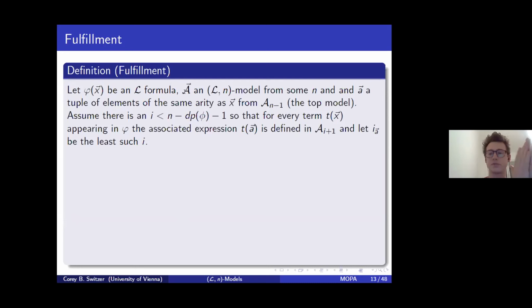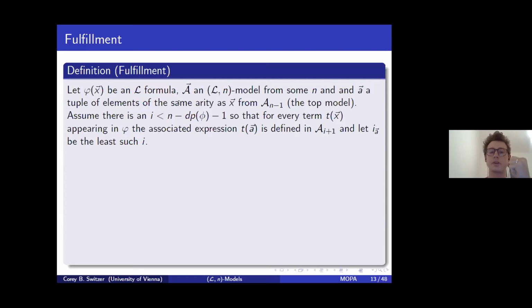So everything is in the first model. And what I really want is for everything to be well-defined, very far below the top model, so I don't have to go all the way up to the top of the sequence to know what's going on. This is what this says, essentially. So for the moment, just pretend that everything makes sense in the first model, and we're going to define this notion of fulfillment from there.